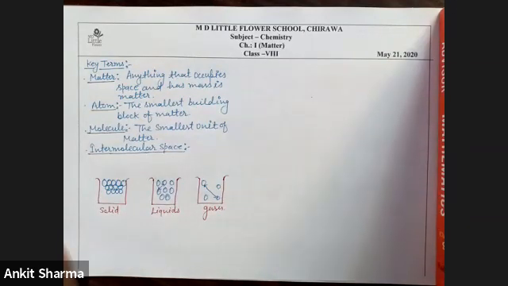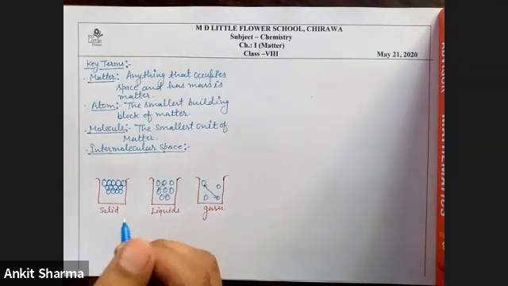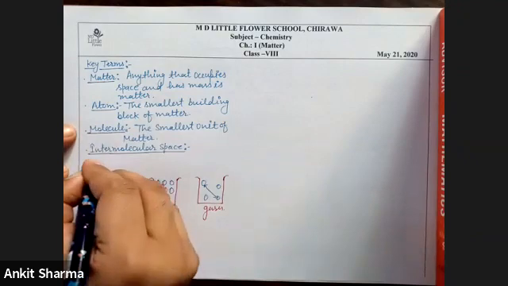जो पार्टिकल के बीच में जो स्पेस होता है, जो फ्री स्पेस होता है, उसको क्या बोलते हैं? इंटरमोलिक्यूलर स्पेस. Okay, so we are assuming that these are the particles, so we can assume these are the molecules of a particular substance. So we'll describe intermolecular space like that.